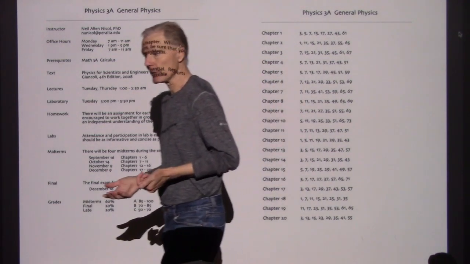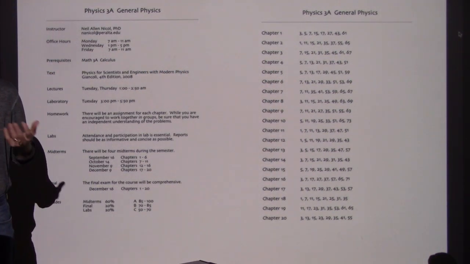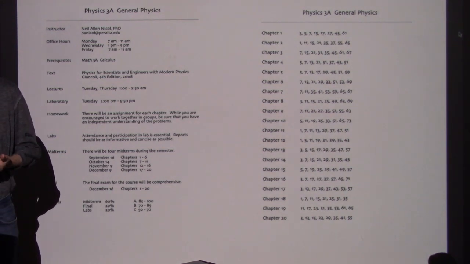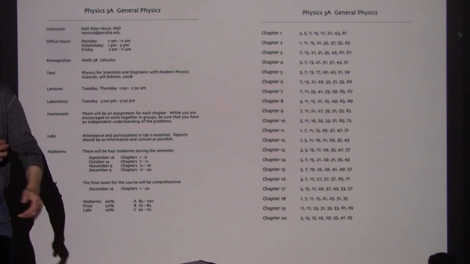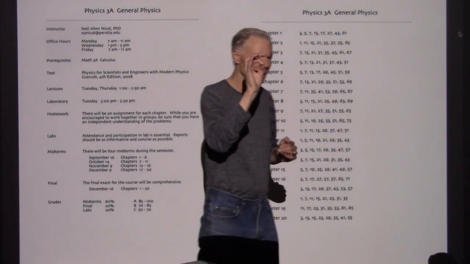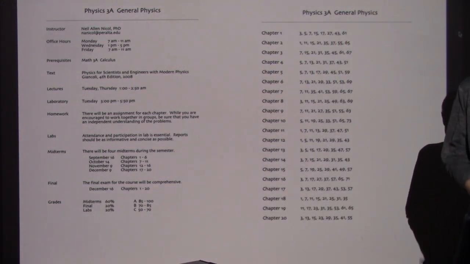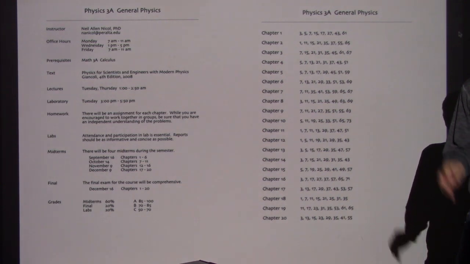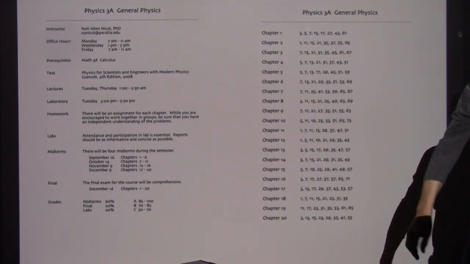Within Canvas, I've had this happen before with some students saying, I don't see any of the comments, so you have to know where to go. Go to assignments, and then there is a place you can click, I think it's called instructor feedback, something like that. Make sure that you're looking at the comments that I've provided.